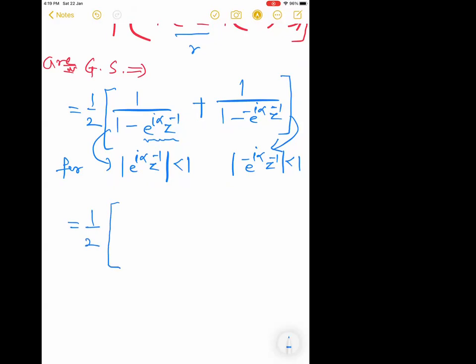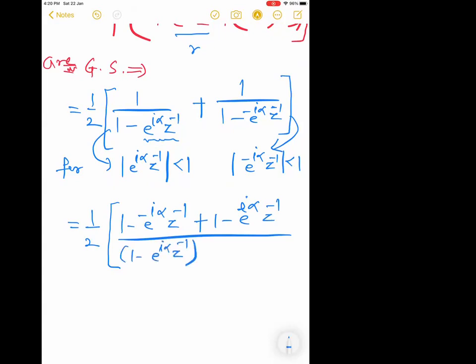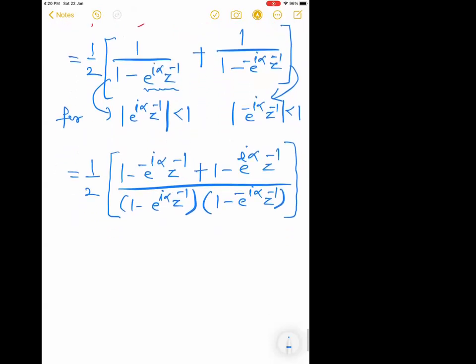Okay, so this is 1 minus e raised to minus I alpha z raised to minus 1 plus 1 minus e raised to I alpha z raised to minus 1 upon these two brackets multiplication. This is LCM. 1 minus e raised to I alpha z raised to minus 1 into 1 minus e raised to minus I alpha z raised to minus 1. This is the multiplication in the denominator.